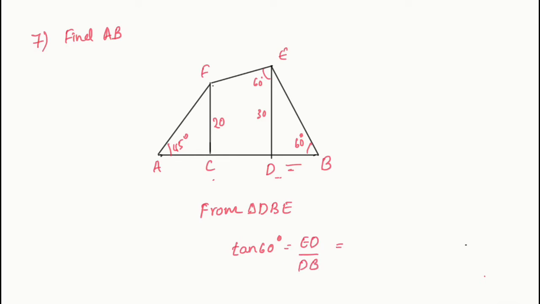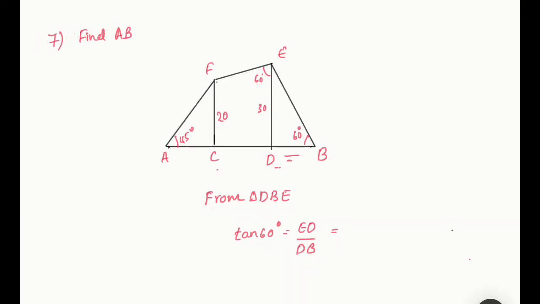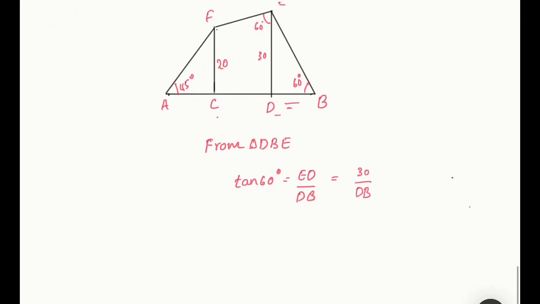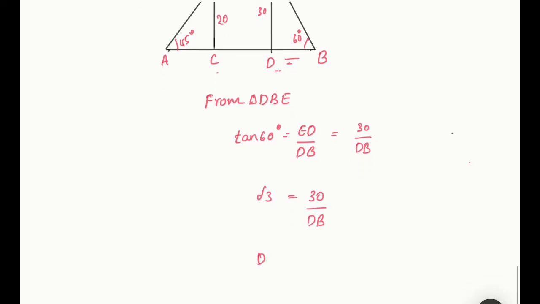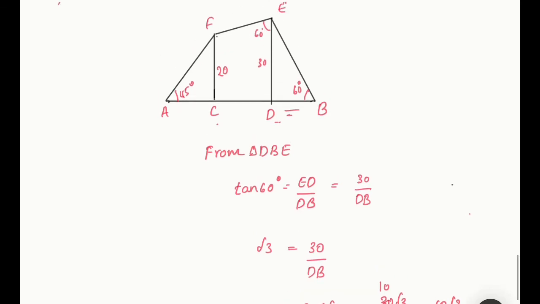ED is 30, so root 3 is 30 by DB. So DB is equal to 30 by root 3, that is 30 root 3 by 3, which is equal to 10 root 3.